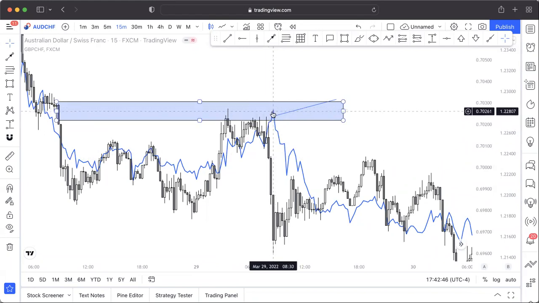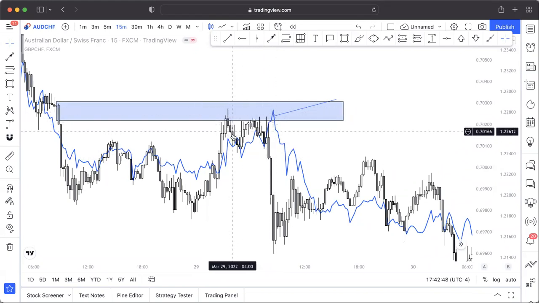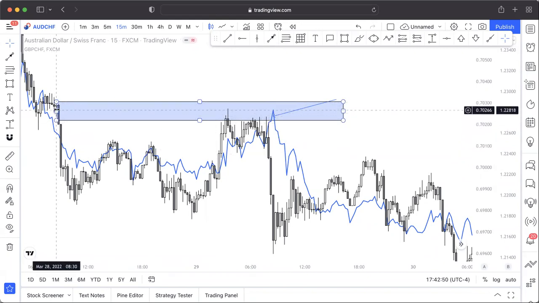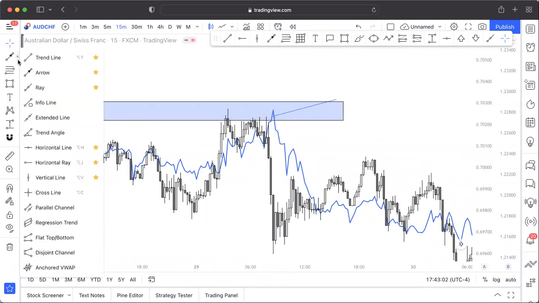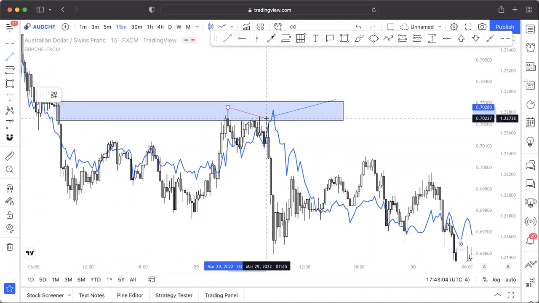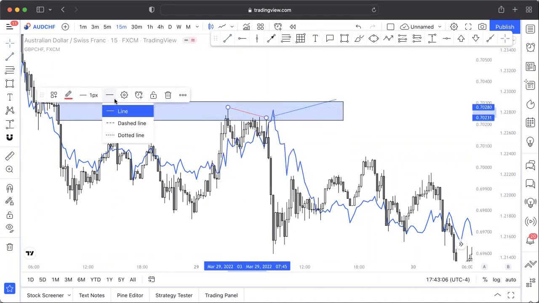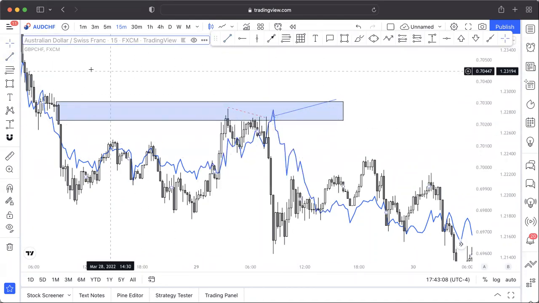So it just created a higher high. But the other one, which you want to take a potential sell from this order block, is not creating any more higher highs and higher lows. It rather stops at that point. See that? So this would be your SMT divergence right there.